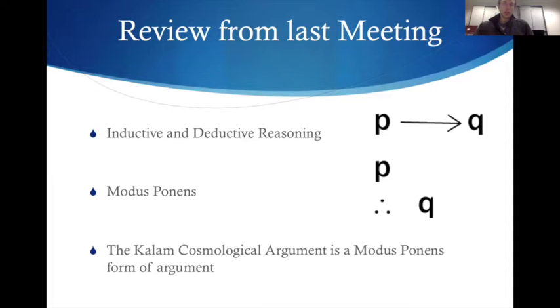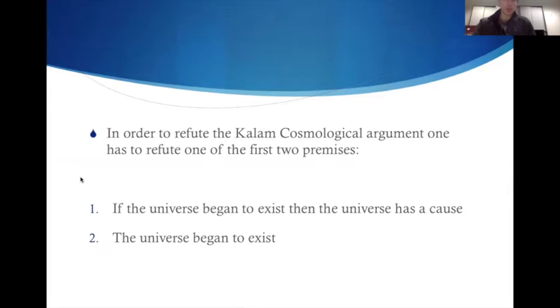Just so that you recognize this, deductive arguments aren't only modus ponens. There are several different deductive forms, but for the Kalam we're just going to be familiar with the term modus ponens, because that's the only one pertinent to this argument.